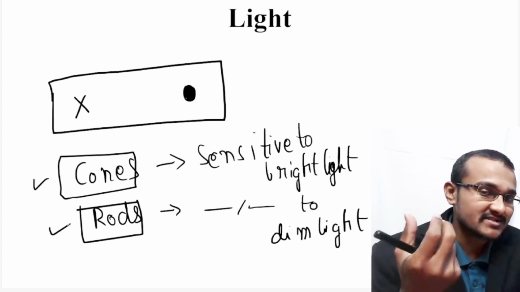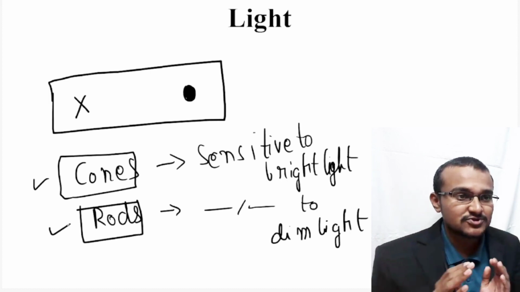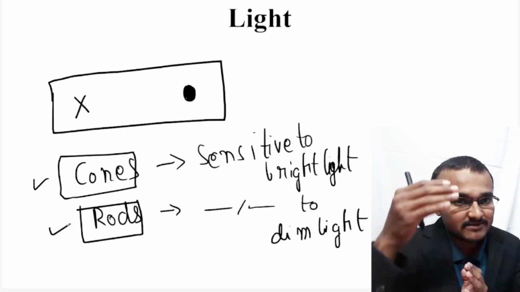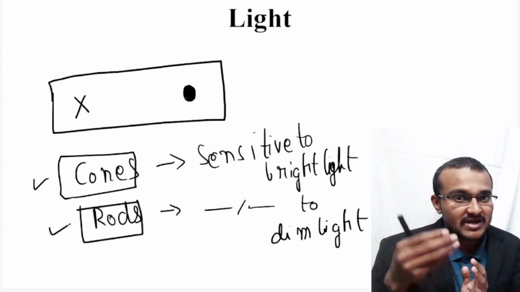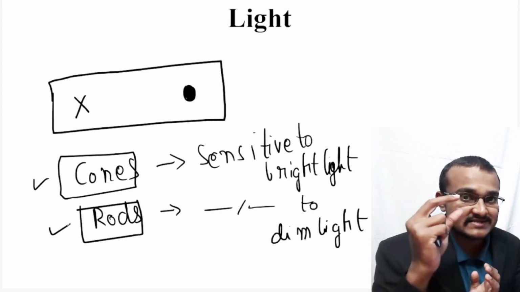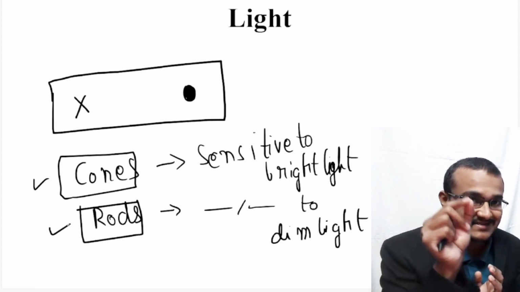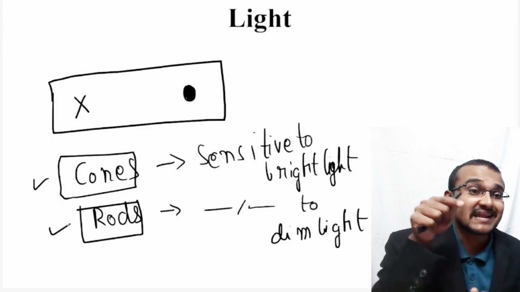These are the things you should remember about the human eye. The cornea is the protection of the eye, and the iris is the black colored part of the eyeball. There is an opening at the center of the iris, the pupil, through which light enters.